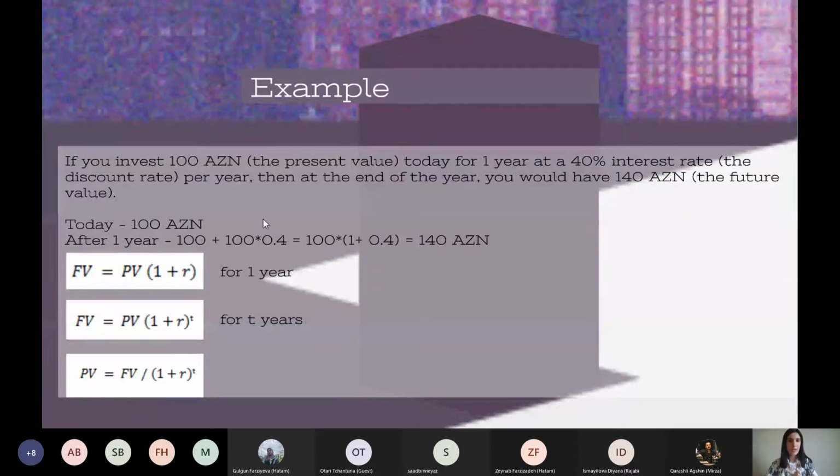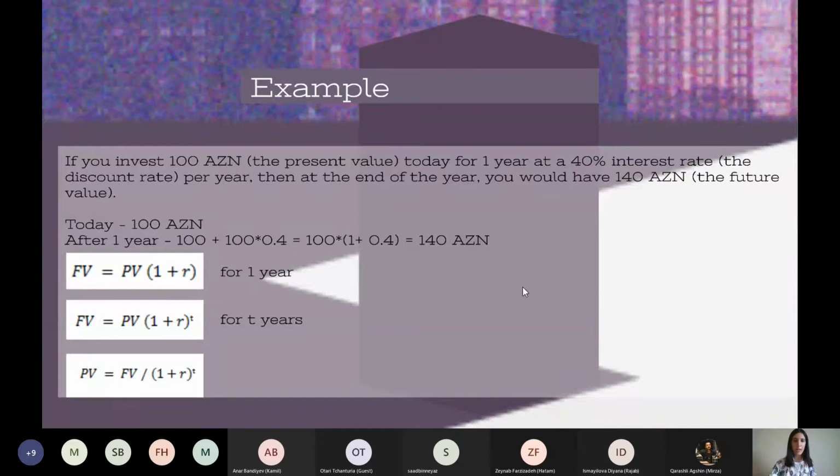This is interest. So 100 manats, which is mine, multiplied by 0.4 or 40%, which is interest. For simplicity, we can write like that: 100 multiplied by (1 plus 0.4), and it will be 140 manats. So it means that 100 manats is 140 manats for me if I invest.